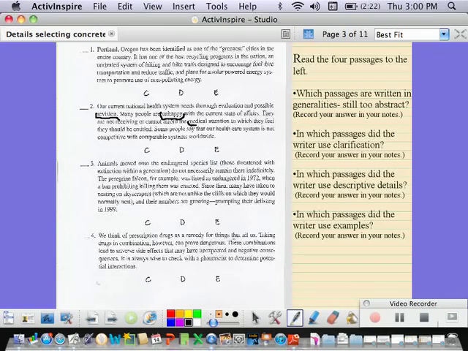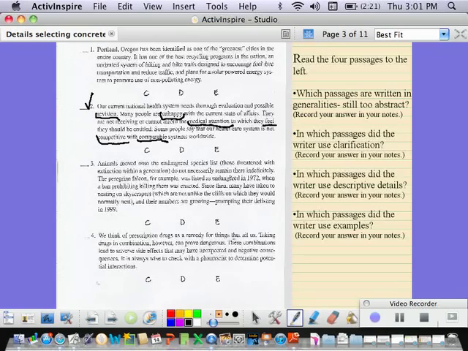I don't know what medical attention means. And they feel they should be entitled? Well, I don't get that either. Some people say that our healthcare system is not competitive with comparable systems worldwide. Well, what do we mean by competitive, and what do we mean by comparable? I'm sorry, this one is really general.